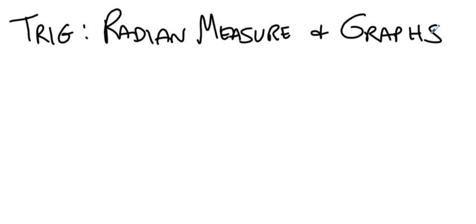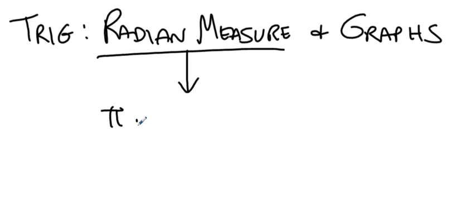Great! So let's talk about radian measure. In radian measure, the big thing for you to remember is that pi radians is equivalent to 180 degrees.